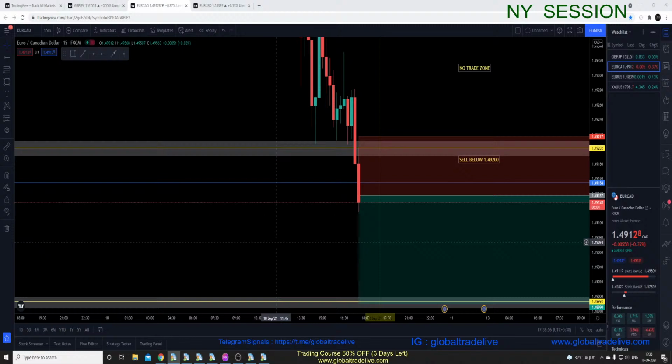The 15-minute candle is about to close in 6 minutes, and the 30-minute has 20 minutes. Really need a volumetric push over here to push the price all the way down.